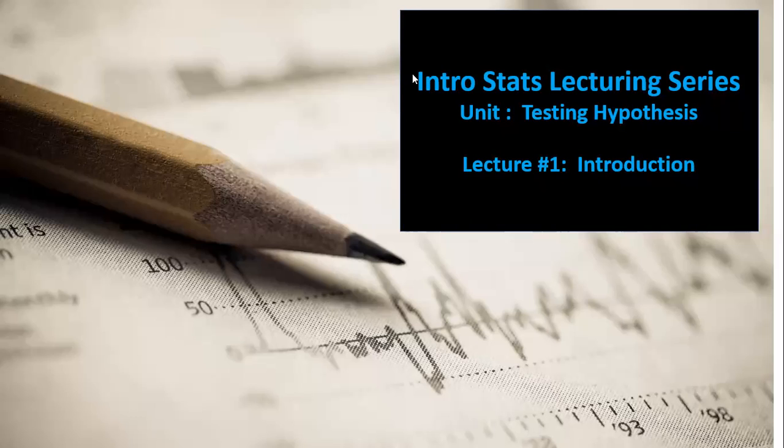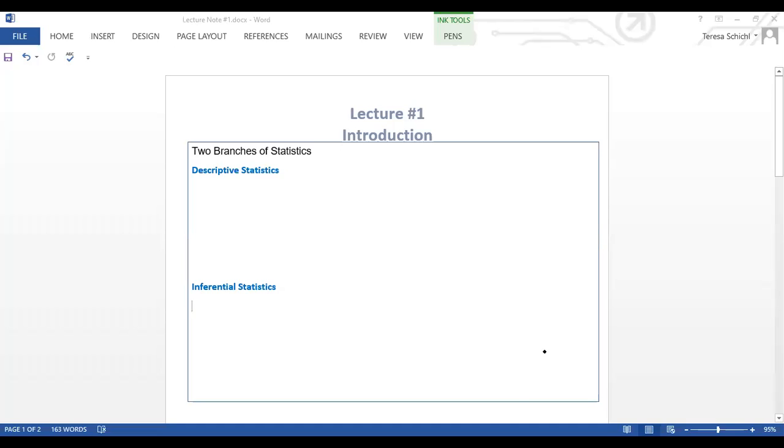Okay, so now let's go to our lecture notes. The first thing we want to look at is that in statistics we have two branches: one is called descriptive statistics, and the other is called inferential statistics.